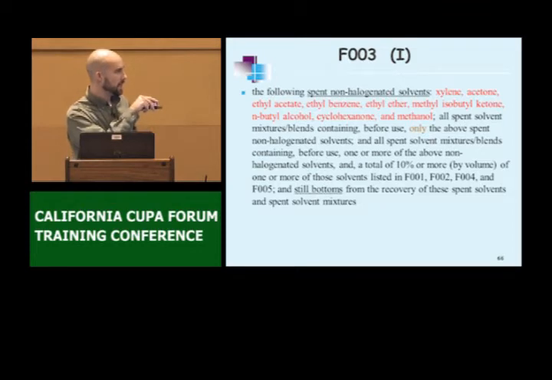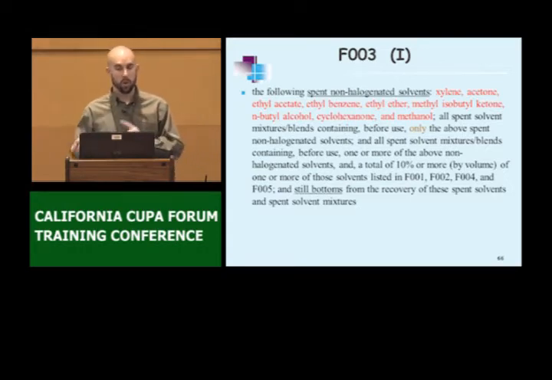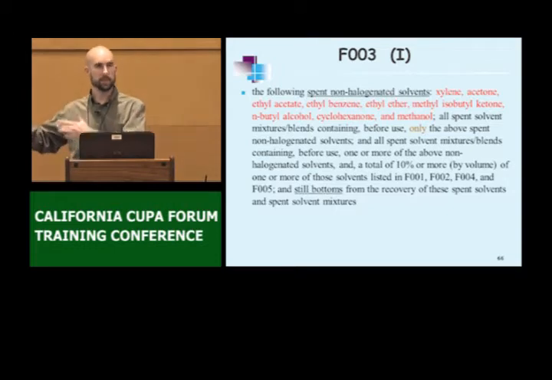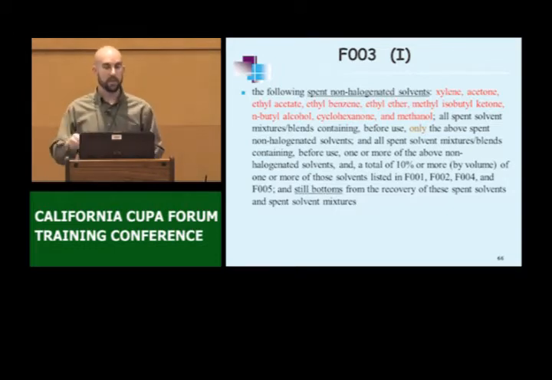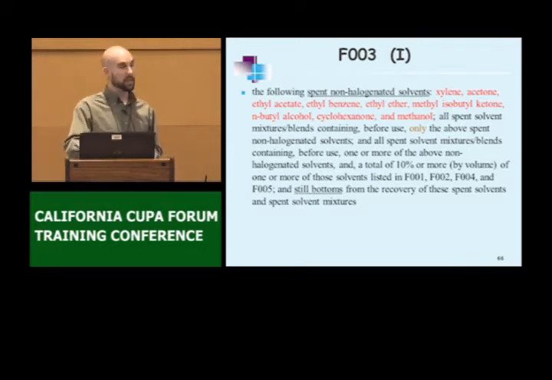All spent solvent mixtures, blends containing before use only the ones listed above, only F003s, or mixtures and blends with 10% of the others. And there is no de minimis amount of F003. If there's 1% of F003 in a mixture of solvent, it will carry that listing, along with any of the other F codes if above 10%.